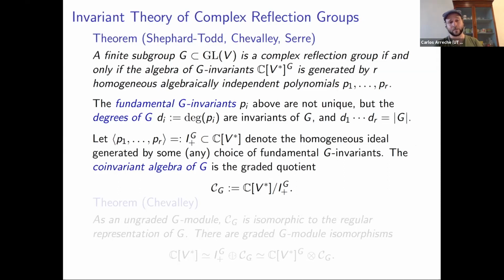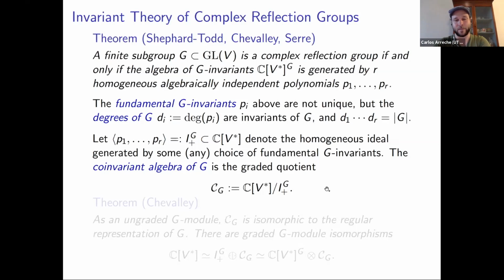When I take the quotient of the full polynomial ring by this homogeneous ideal, I get a graded quotient ring that's called the co-invariant algebra of G. It's graded because it's a quotient of a graded ring by a homogeneous ideal.